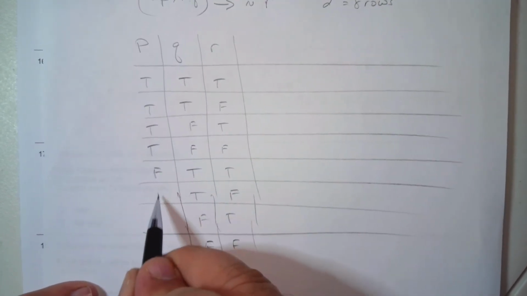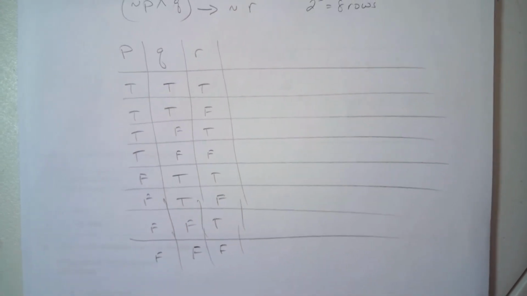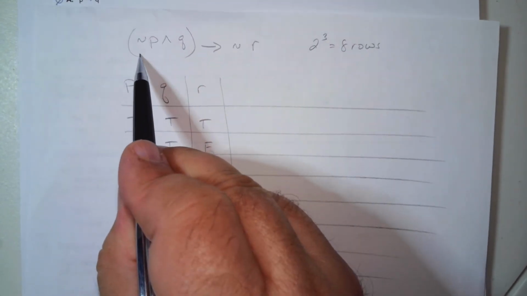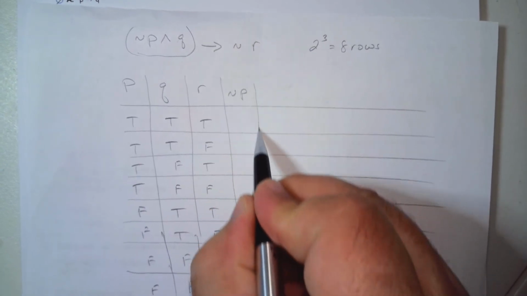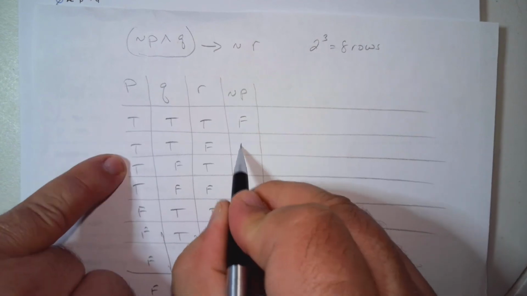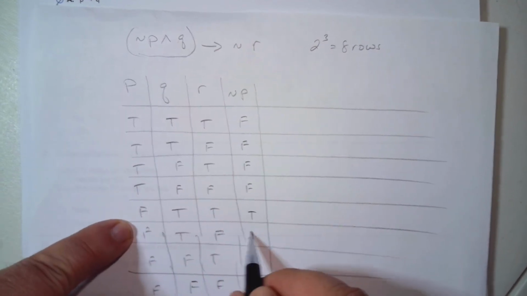That's when the P is false. To build this statement, we have to do inside the parentheses. So we have to find not P first. Just change all the T's to F and all the F's to T's.